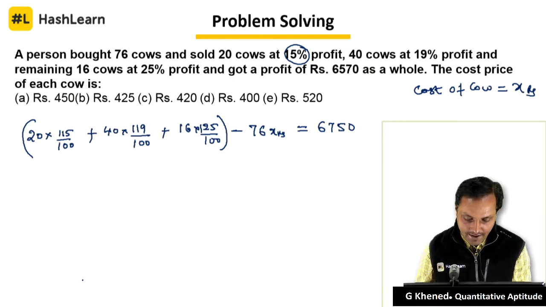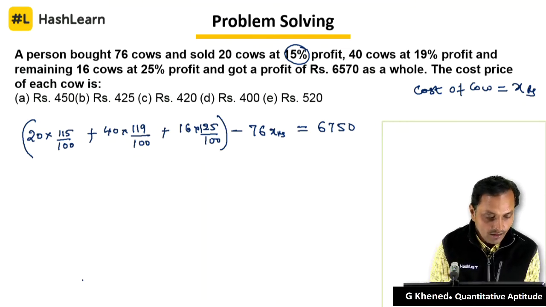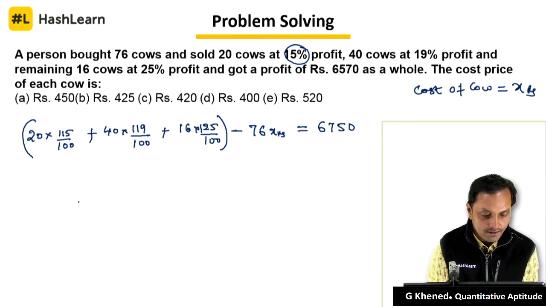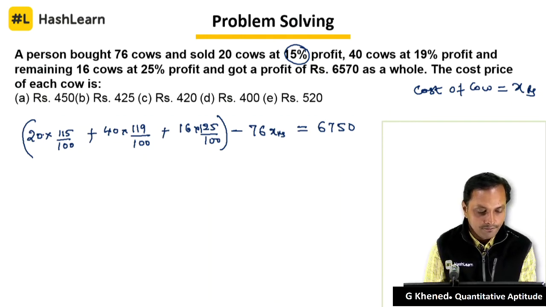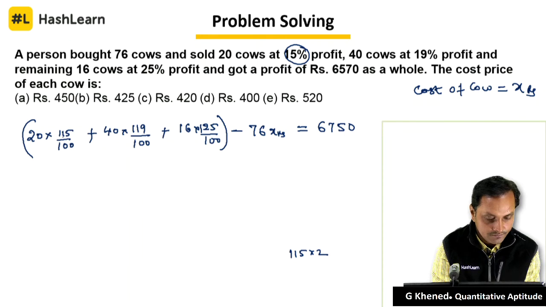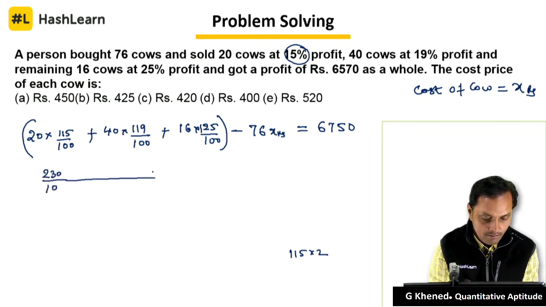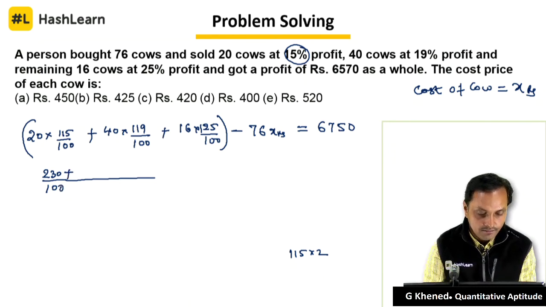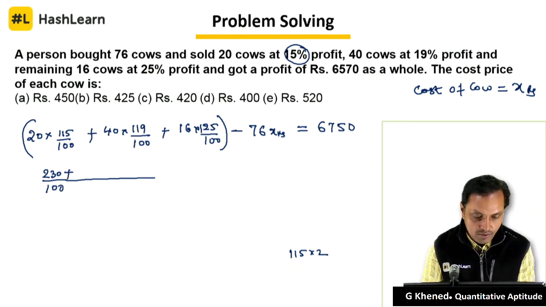So how will you simplify? Divided by 100 is there. 115 into 20, and 119 into 40. So let us do a quick simplification. 115 into 2, that is 230 by 100. Better I will write 100 in the denominator, plus what is 119 into 4?